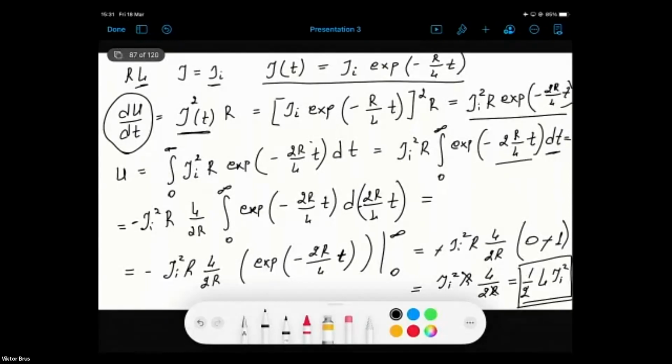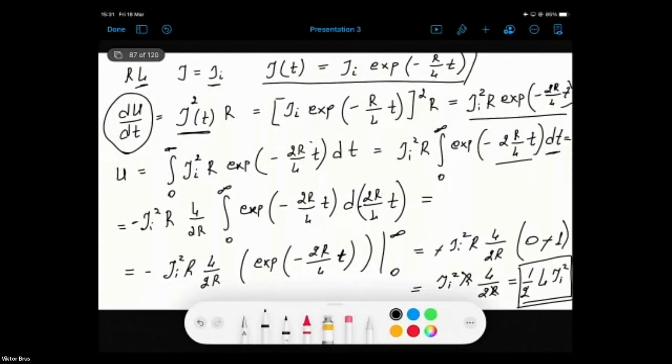So we can approach this in different ways. We can either calculate directly, which is more straightforward, and derive this equation for magnetic field energy accumulated in the inductor, or we can calculate the total energy dissipated on the resistor in an RL circuit when electric current decays over time.